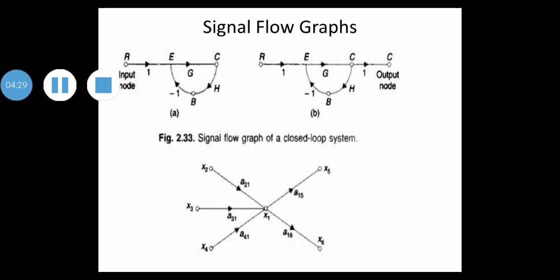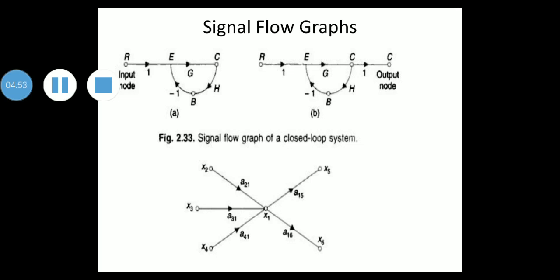These are the first two terms defined. Then, node as a summing point.